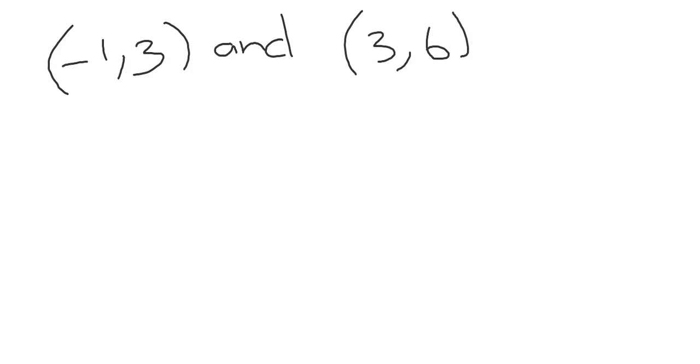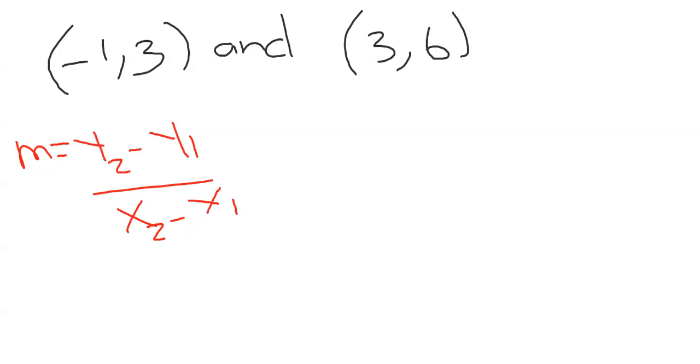And we know that to find the gradient, we use the formula m equals y2 minus y1 over x2 minus x1. So by now, I want to assume that maybe you know how to find the gradient.